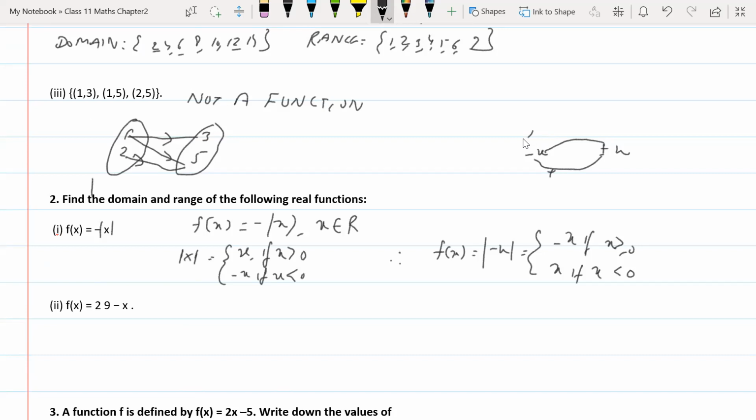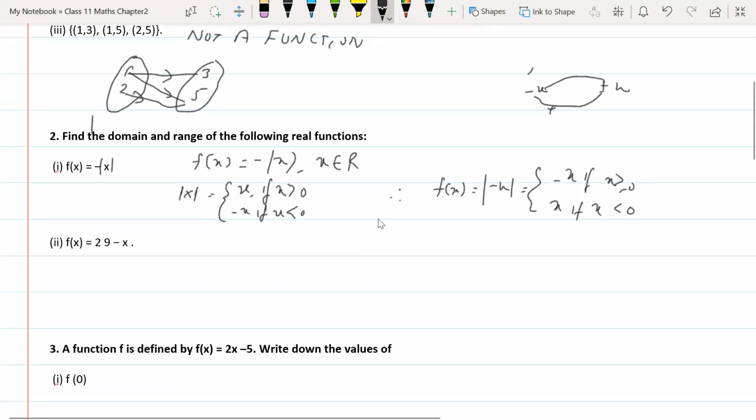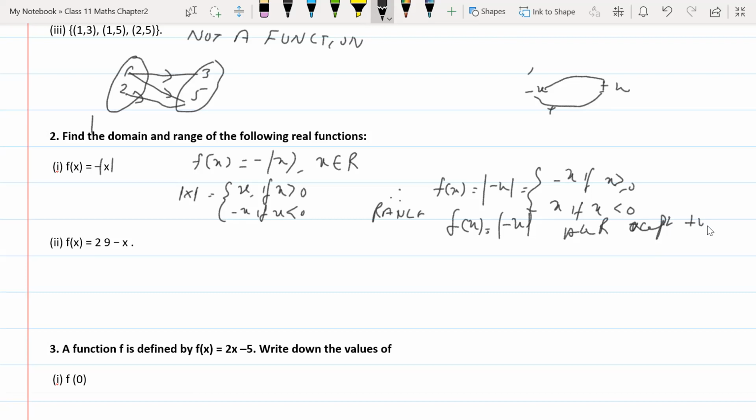So f is defined for all x. The domain of f is equal to R. It can be observed that the range for this function f(x) equals minus modulus x is all real numbers except positive real numbers.